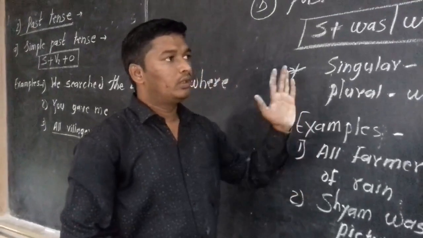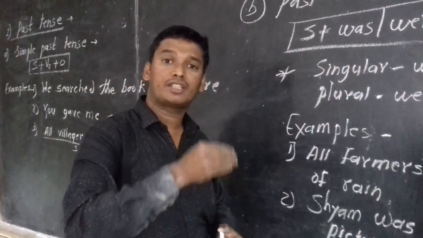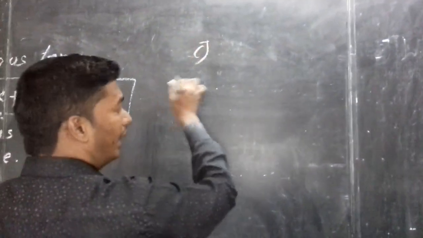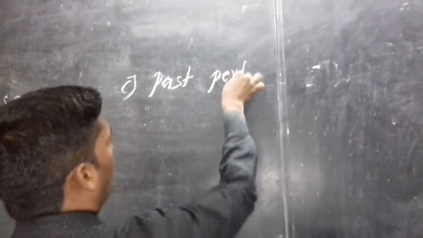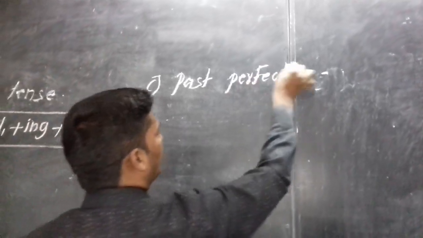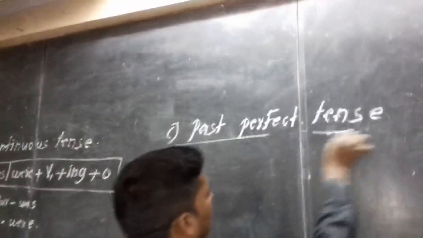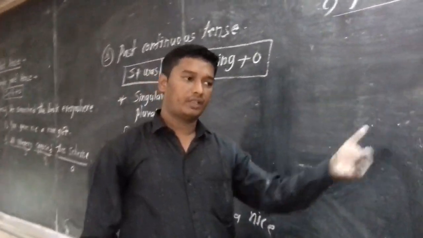Now, the third kind of past tense, that is past perfect tense. Let's learn past perfect tense. Look, where do we use this past perfect tense?